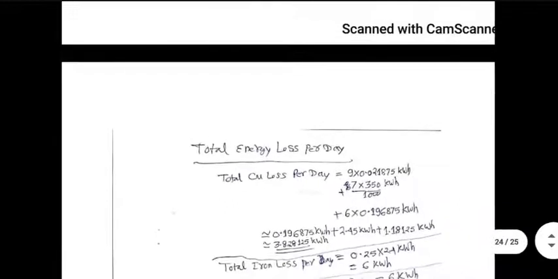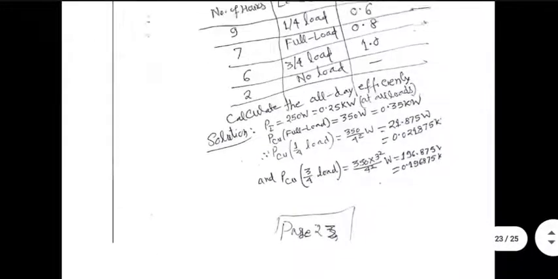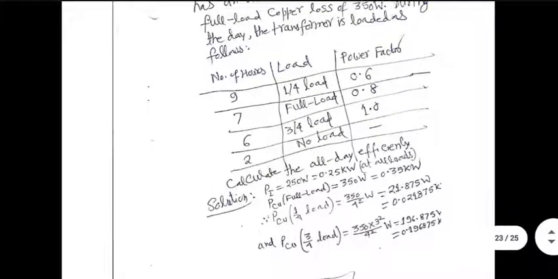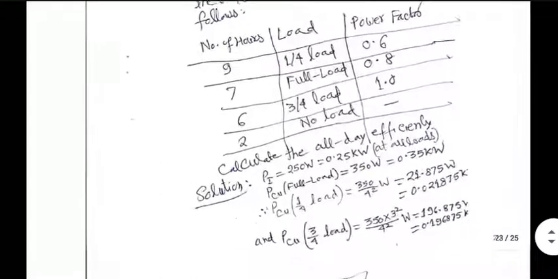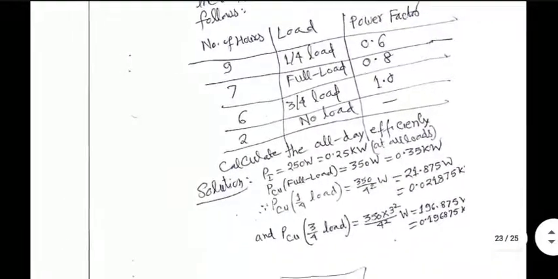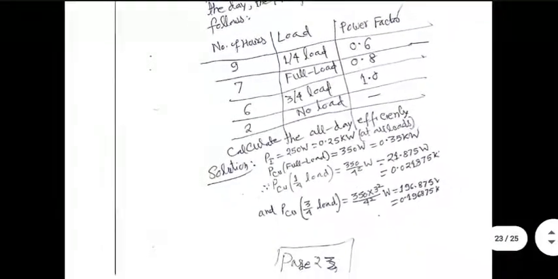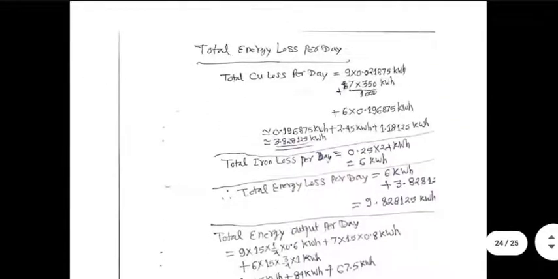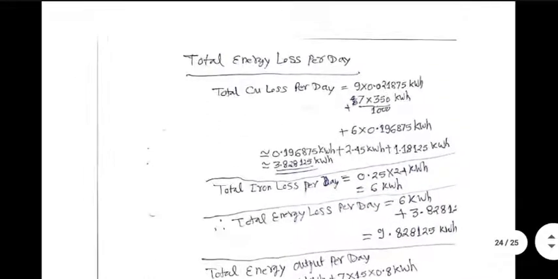Okay, I have done total copper loss for the entire period together. That also is possible, I suppose. I know that copper loss for no load period is 0. So 0 multiplied by 2, which is 0. Then copper loss for 3 by 4 load case is 196.875 watt. That multiplied by 6. Actually, you got to be careful.